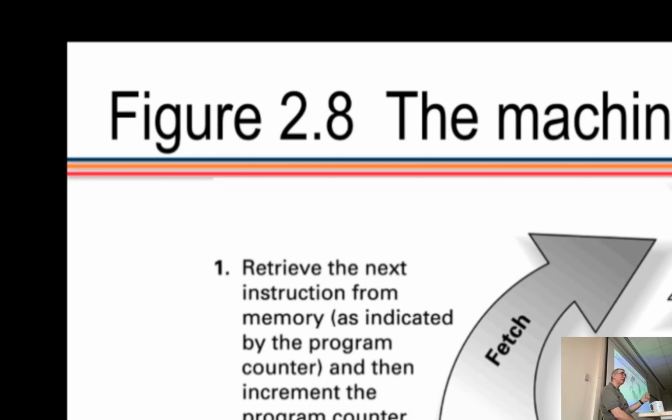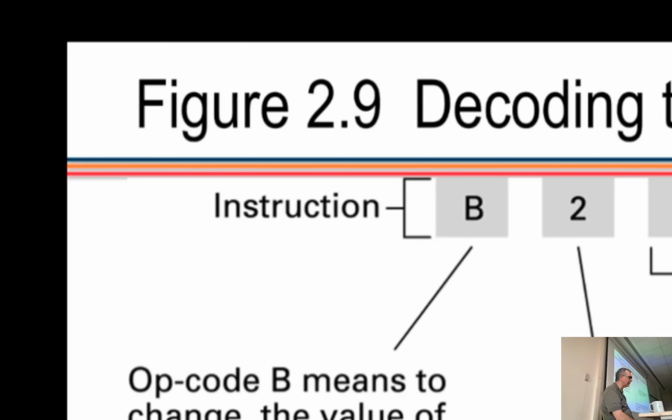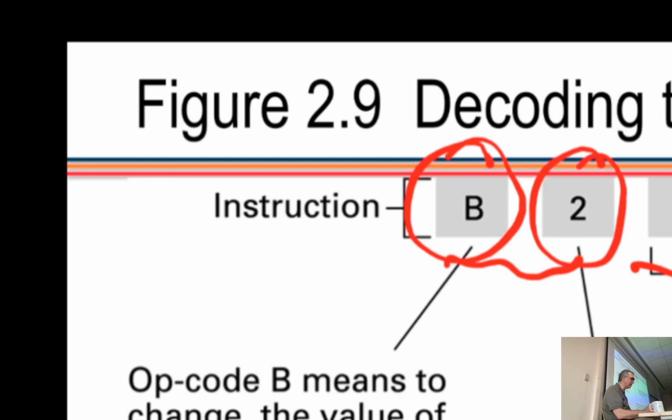So each instruction takes 2 spaces. This is the first space. This is the second space. That is the opcode, register number, and generally the address. Which register? Which memory? What? Is that clear?